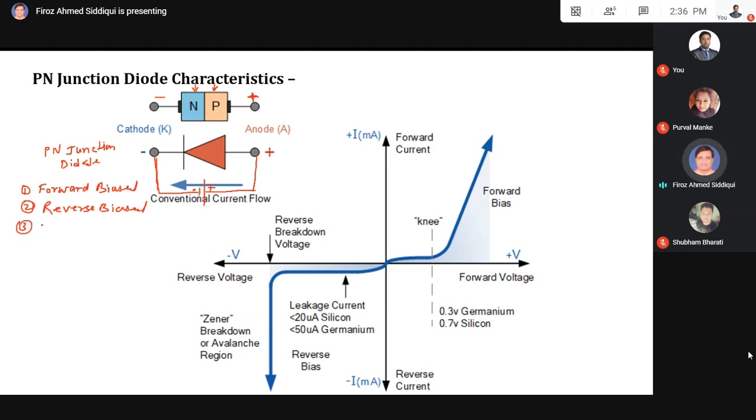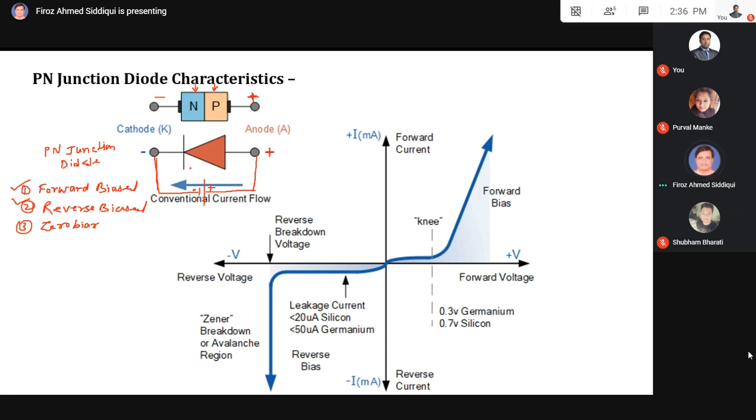And the third one is zero bias. Zero bias means there is no voltage connected across the diode. We are interested in these two, that is the forward biasing of the diode and the reverse biasing of the diode.